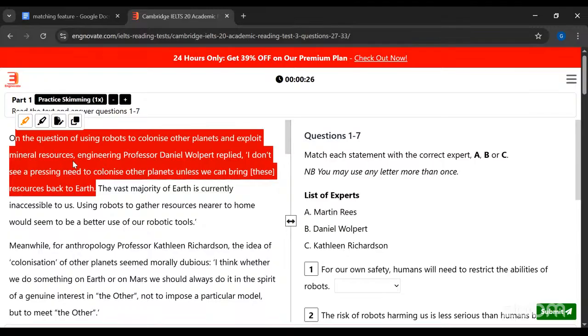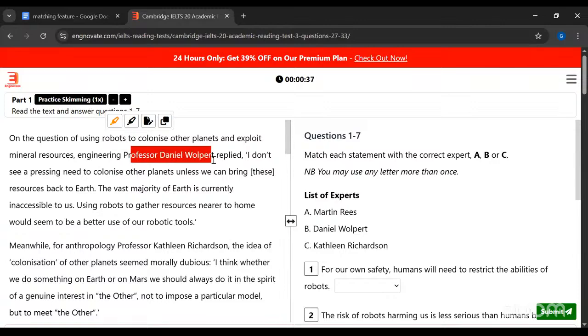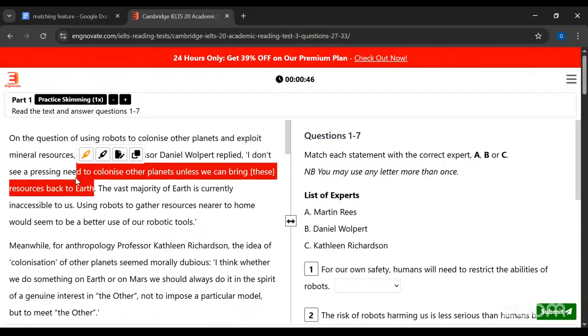Okay, so we can tell that this is related to robots, and robots to colonize other planets and explore new resources. Some scientists over there: I don't see a pressing need to colonize other planets unless we bring these resources back to Earth. So we got an idea that this is all about robots, and whether they can go to colonize the planets.